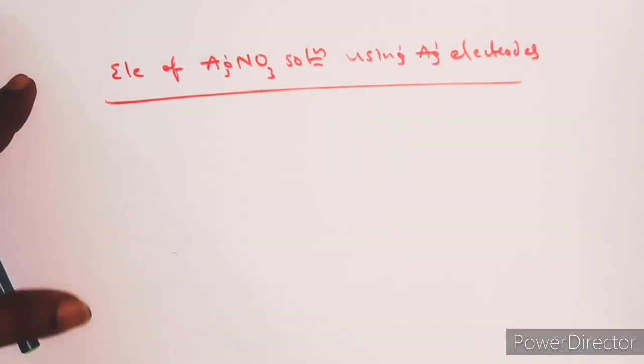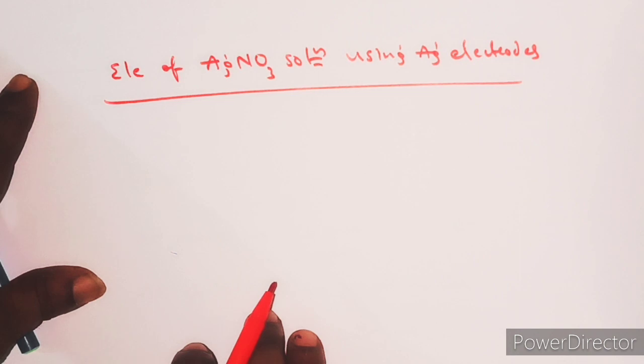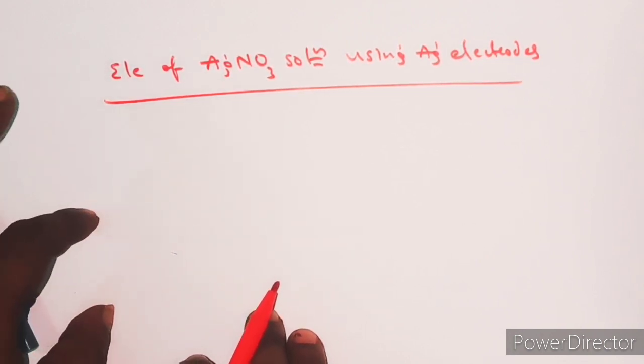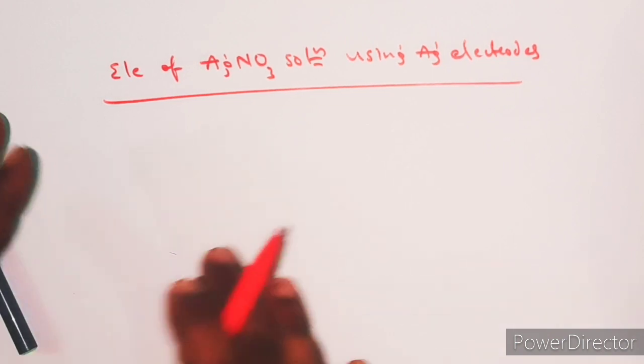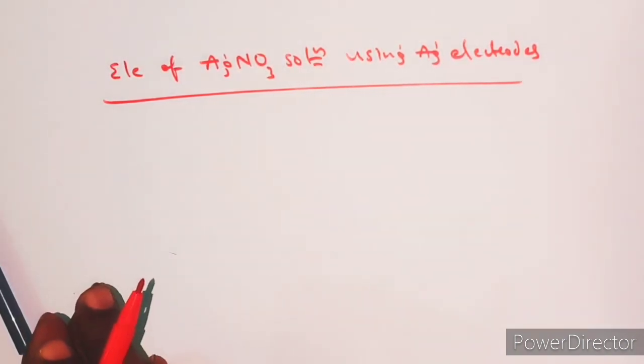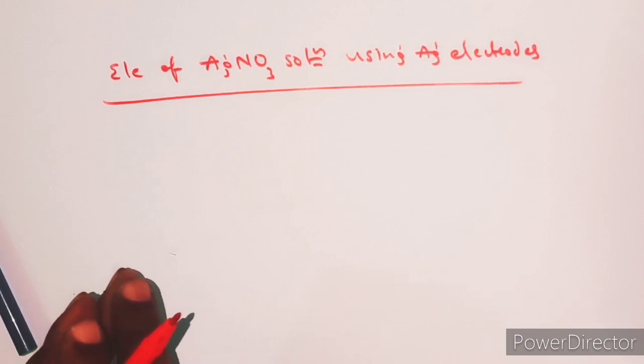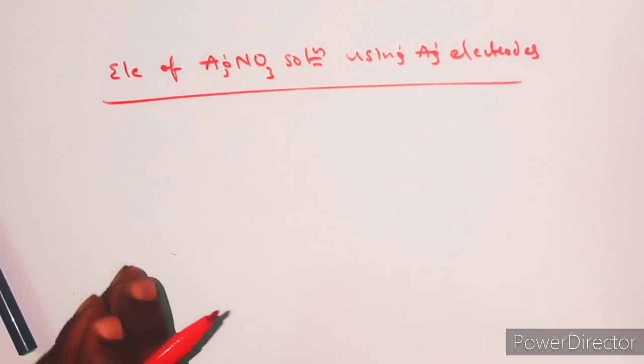Guys, can you write the products? Write the products and please send your answers in the comment box. Like this, we can identify the different products in the electrolysis process at the anode and cathode by using the preferential discharge theory.